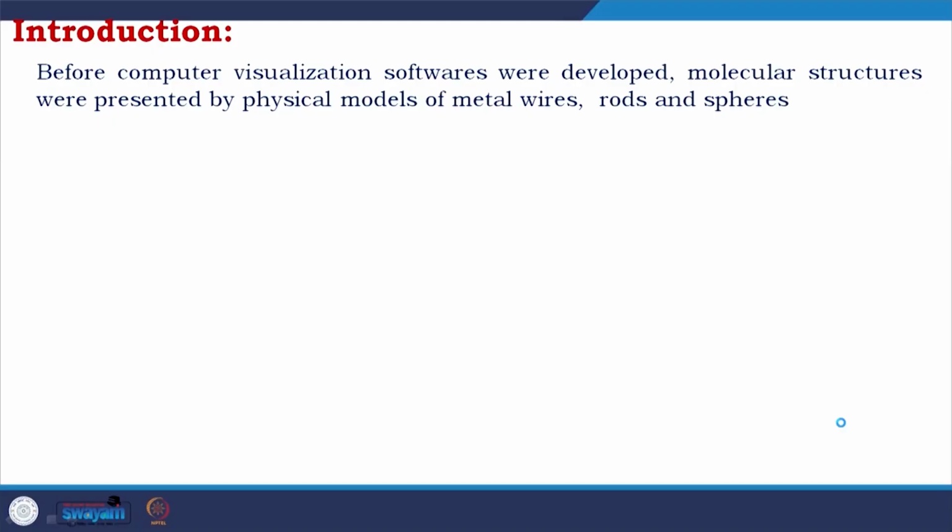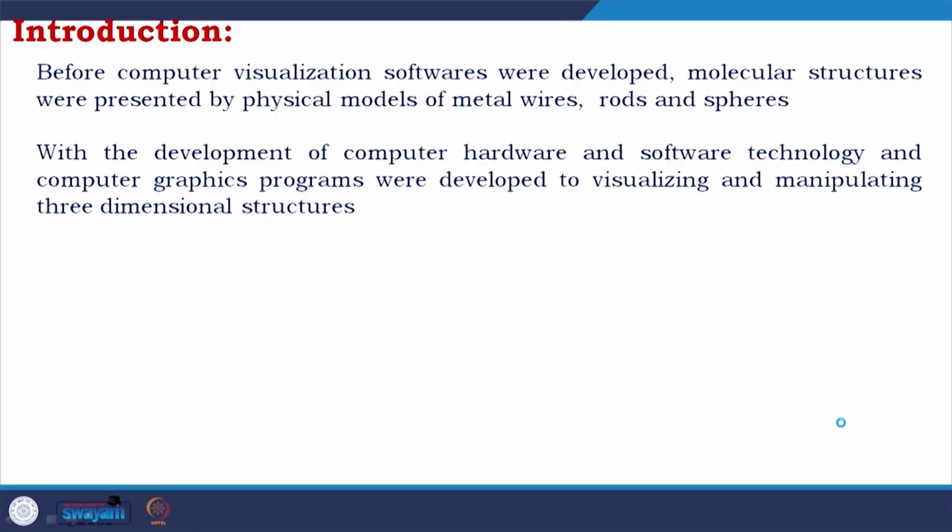Before computational visualization, before software was developed, molecular structures were presented by physical models of metal wires, rods, and spheres. So, people saw the signals and from there they wanted to develop a real life model. With the development of computer hardware, software technology and computer graphics, programs were developed for visualizing and manipulating three-dimensional structures.